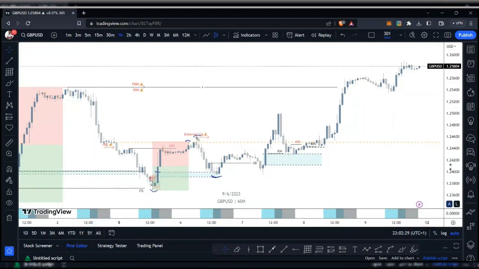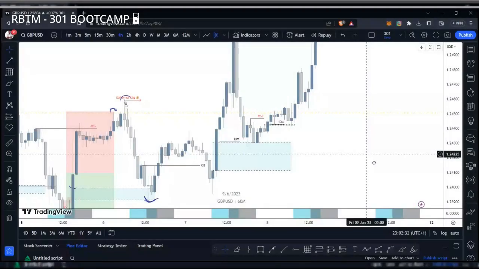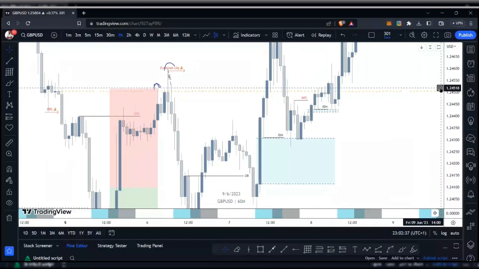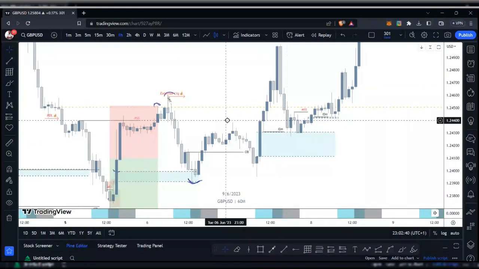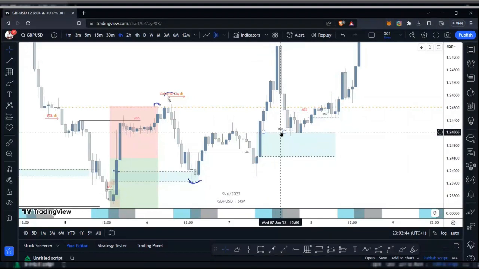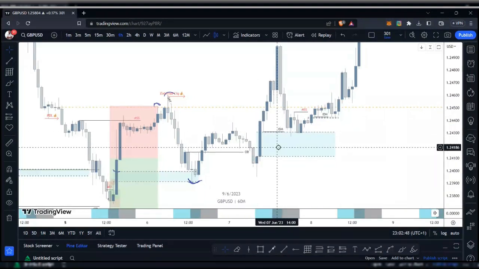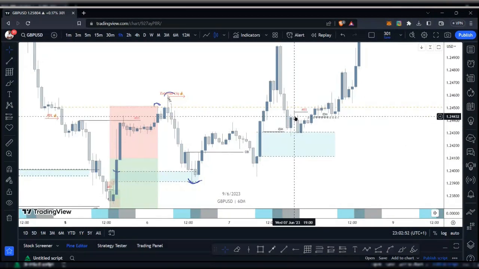I believe you understand what I'm trying to say, because you have to look at the 1 hour here. In fact, there's a lot of things I was looking at while I was back testing. If you look at this place now, after we took this high, price came back to take this inducement, or internal liquidity, and came into this imbalance. You can see how we broke that structure: low, high, low, break.